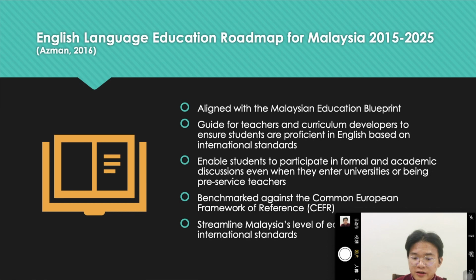The English language education roadmap for Malaysia is aligned with the Malaysian Education Blueprint. It is a guide for teachers and curriculum developers to ensure students are proficient in English based on international standards. It enables students to participate in formal and academic discussions even when they enter universities or become pre-service teachers.